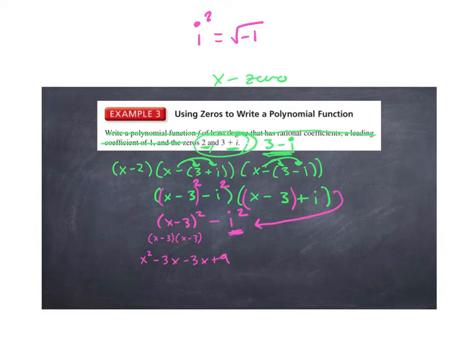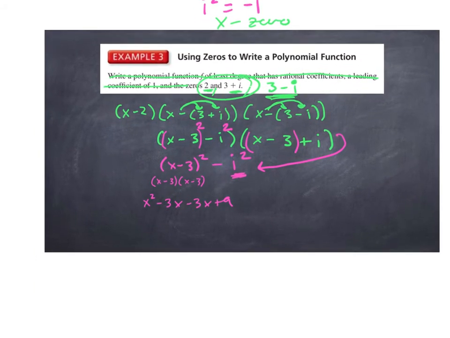So if we square i and square the square root of -1, what's i squared equal to? -1. So i squared is -1. So this is minus a -1. So what happens when you subtract a negative? It becomes a plus. So this is +1.